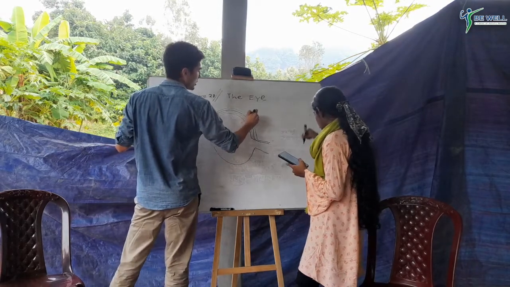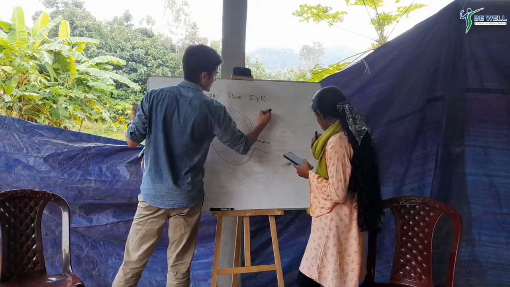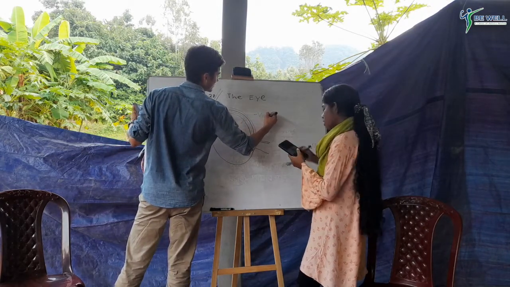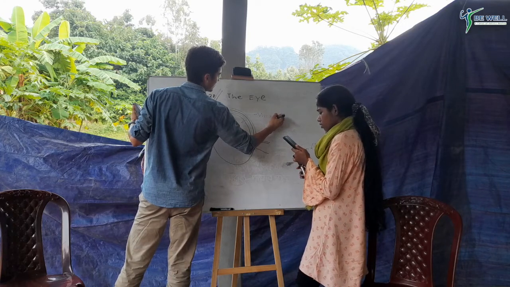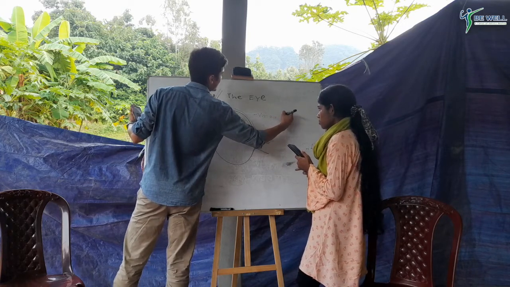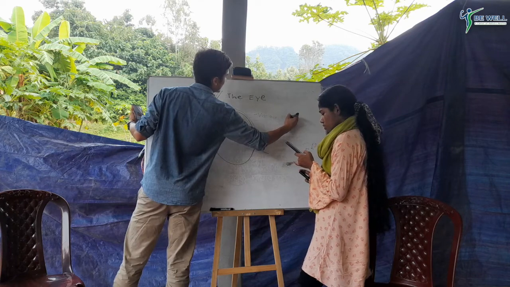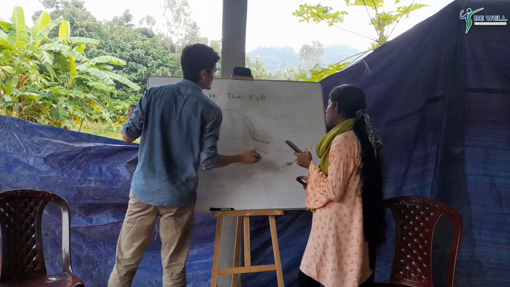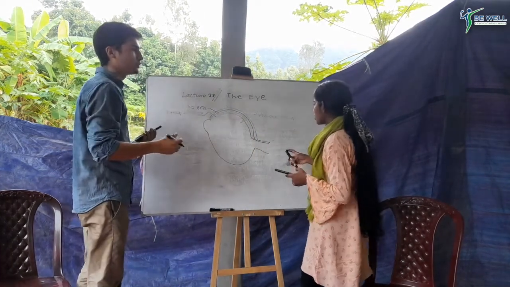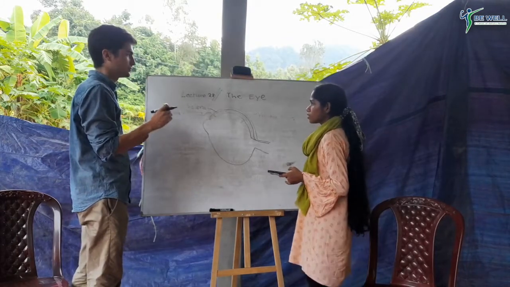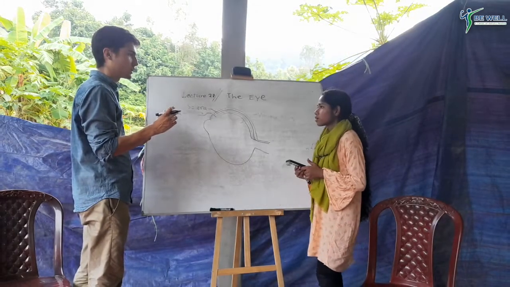Inside of the eye, you have what's called vitreous. It's called humor, but I'm going to call it fluid. For us, fluid. Fluid is like water, but it's liquid. Another kind of substance.